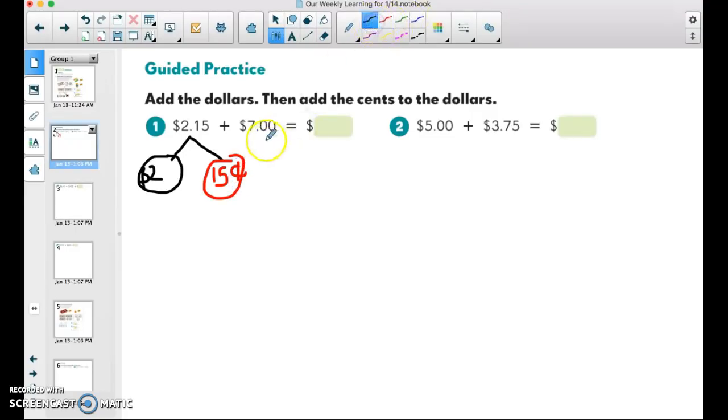And then I have plus $7. So I'm going to start with my dollars on this side. And then my cents. 0 cents.